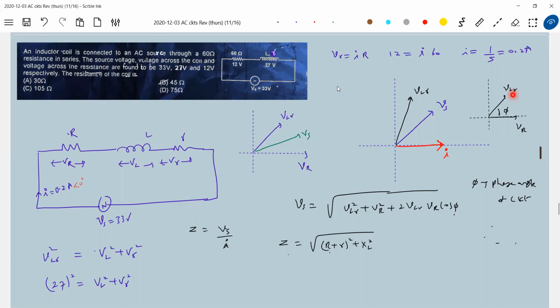VLR is the vector sum of V small r and V capital L. Oh, okay. Again, this is the sum of those two, no? Yes, sir, I'm writing. From there we can get it directly. No need of these things, huh?